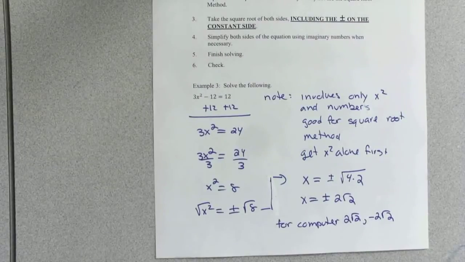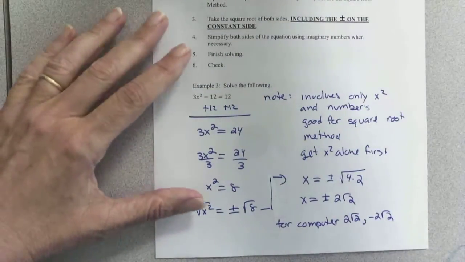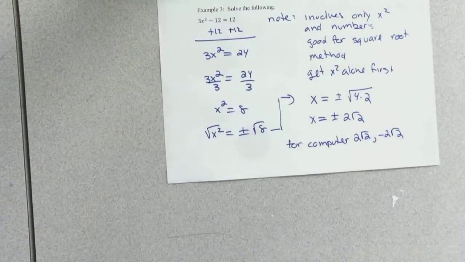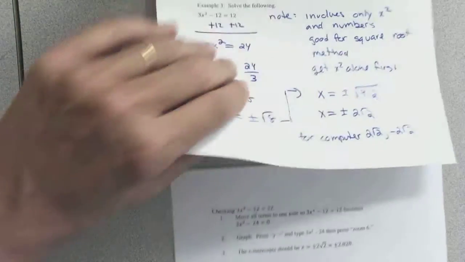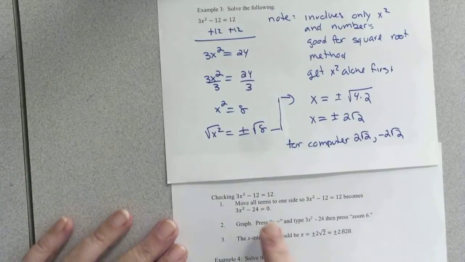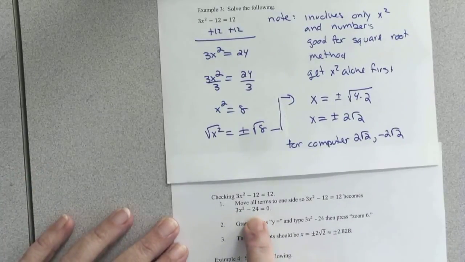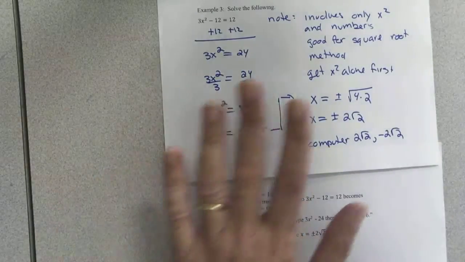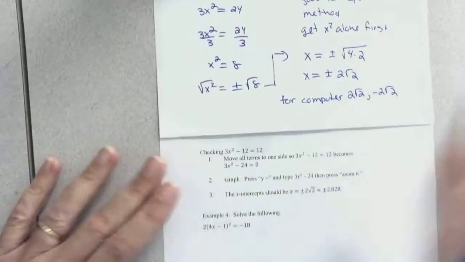And then this too can be checked. We're going to check these in the exact same way that we've done the others. Move all the terms to one side. I went ahead and called that negative 24, but you actually wouldn't have to. You could say 3x squared minus 12 minus 12. Your calculator's not going to care.